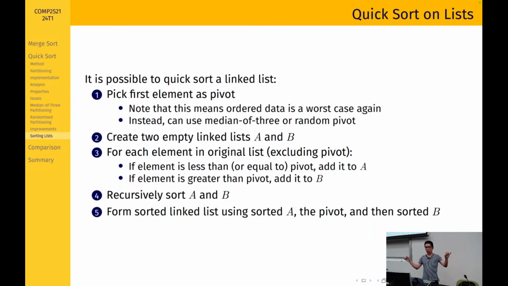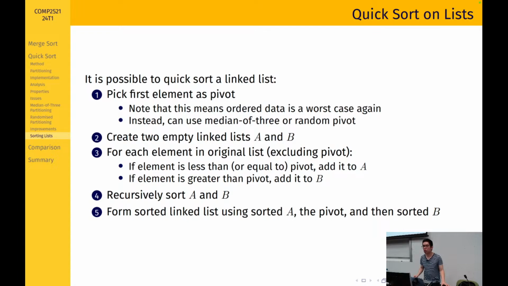For each element in the original list, if that element is smaller than or equal to the pivot, you add it to list A. If it's greater than the pivot, you add it to list B. Then you recursively sort A and B using the same method. Now that you have all the elements less than or equal to the pivot in a sorted list, and all the elements greater than the pivot in another sorted list, you can concatenate them, and that will give you the sorted linked list.